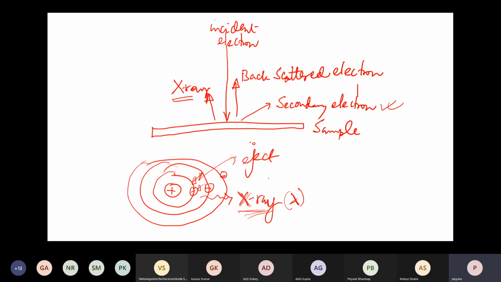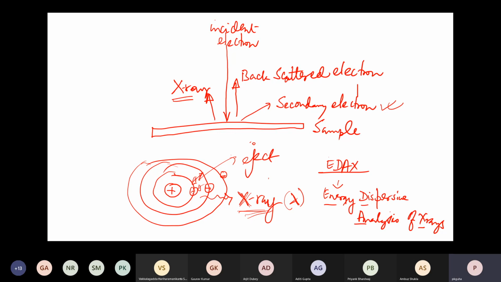This particular technique is known as EDAX in SEM. It is energy dispersive analysis of X-rays. So this will give you the composition analysis.